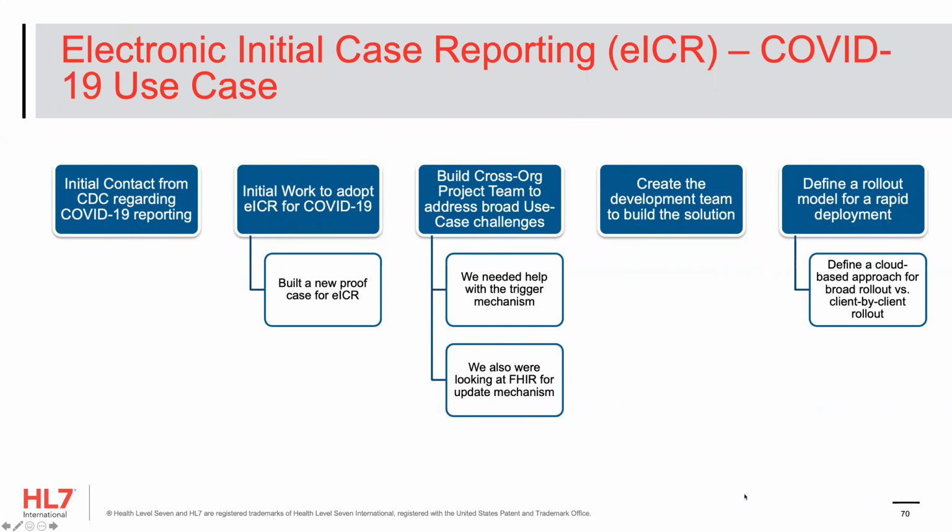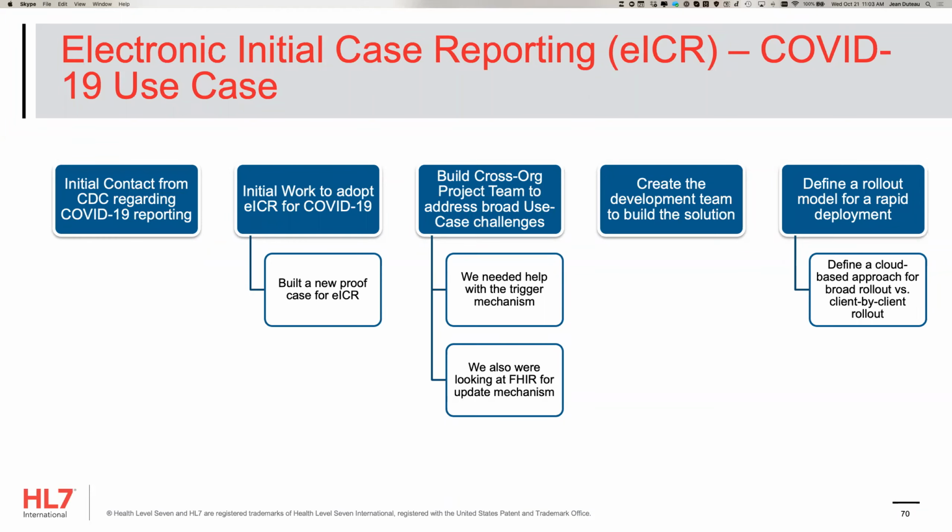we had the contact from CDC on the COVID-19 reporting. We built a new proof case for the EICR. As I mentioned, within a couple of days, we were able to actually generate a new EICR using the model for the COVID-19.